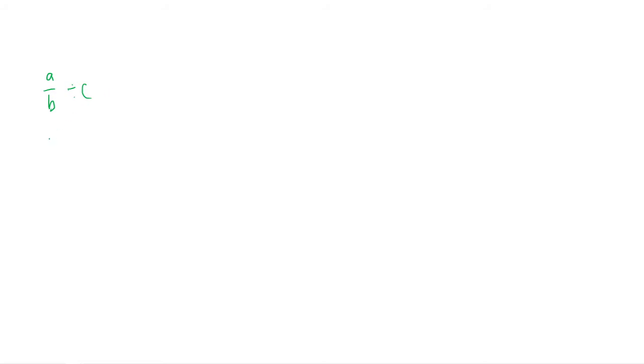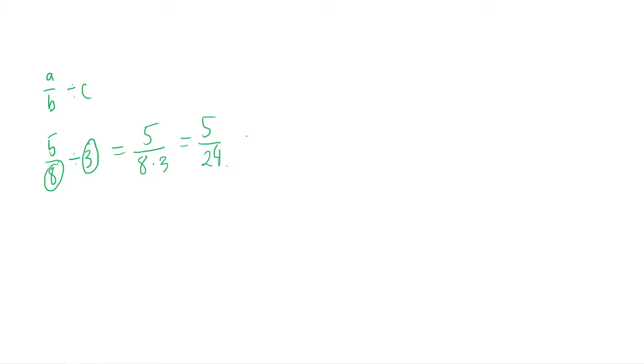So for example, 5 divided by 8 divided by 3, we simply multiply the integer here with the denominator in the fraction. And well, that is equal to 5 divided by 8 multiplied by 3, which is equal to 5 divided by 24. Great. So that is a small rule. We can just simply multiply the integer by the denominator in the fraction in order to divide a fraction by an integer.